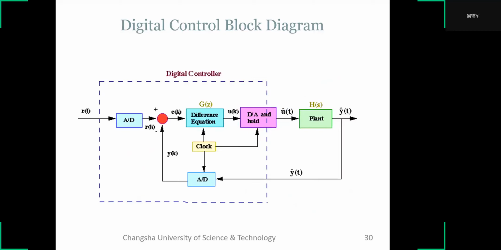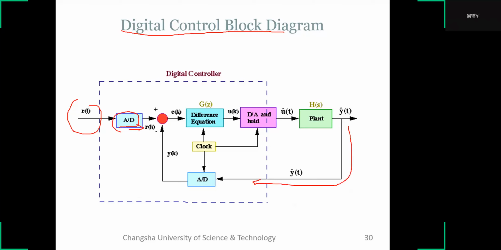Digital control block diagram. This is a digital control block diagram. This is the set point, converted with an AD converter. We can get the digital controller. This is the feedback from the controlled variable.